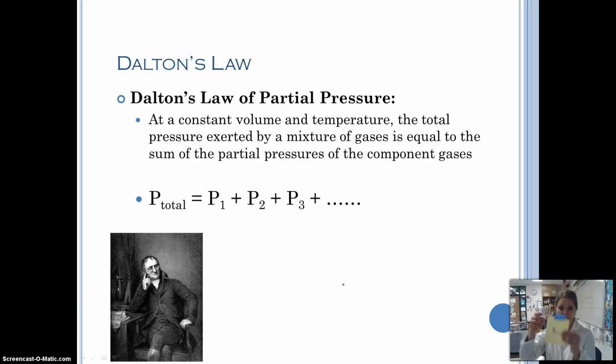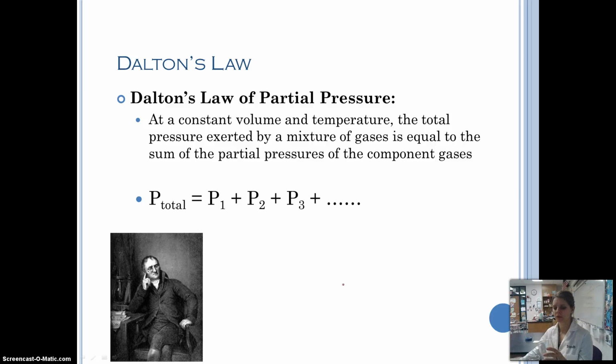So if I take my 3 atmospheres of pressure and my 6 atmospheres of pressure, we know that 6 and 3 make 9. So my P1 might be 6, my P2 would be 3.